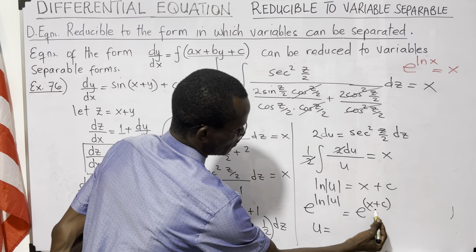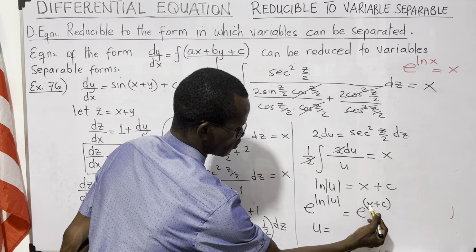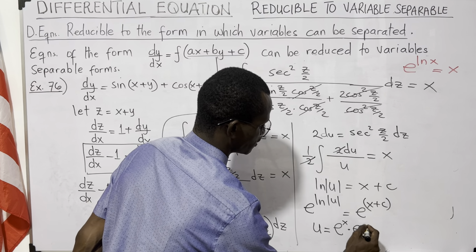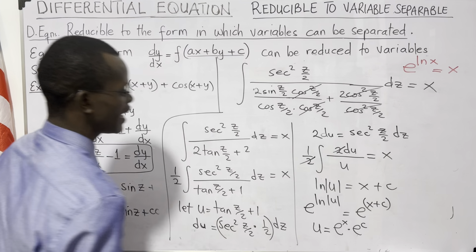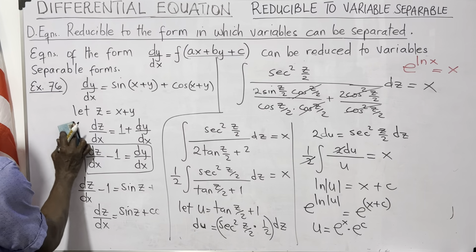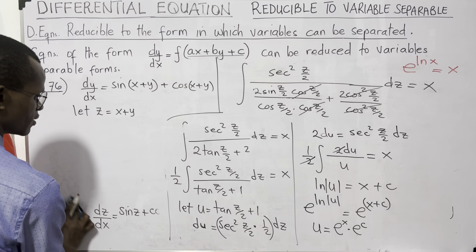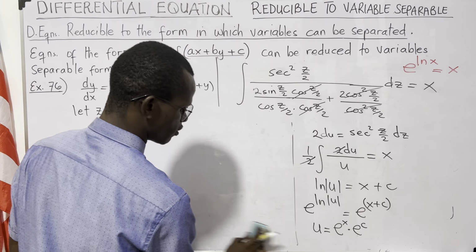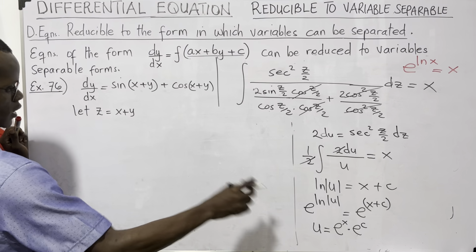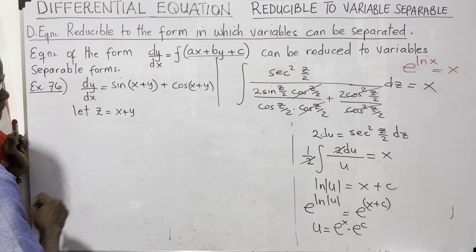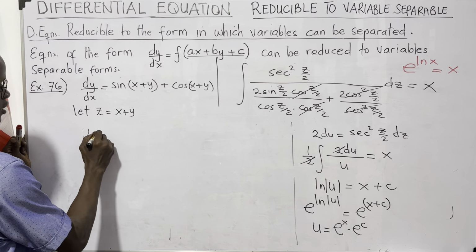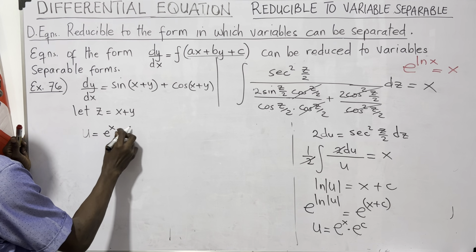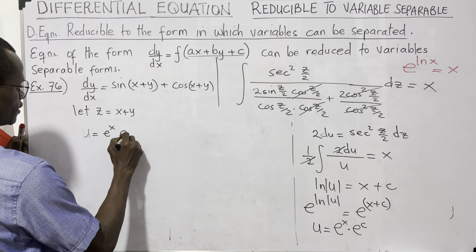And then we can separate the function, which is e raised to the power x, and the constant. So we say e raised to the power x times e raised to the power c, so that we can rewrite e raised to the power c as some arbitrary constant. It doesn't have to be e raised to the power c, because it is still a constant. So we can just replace it with c or d or whatever constant we may select. So we have u equals e raised to the power x times c.